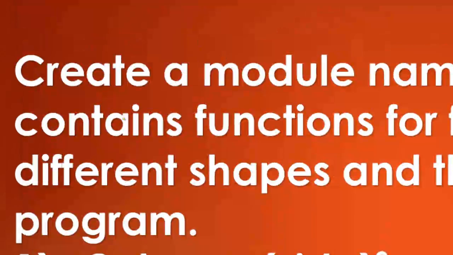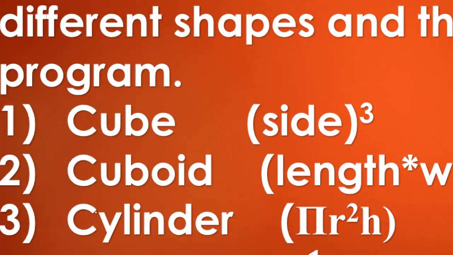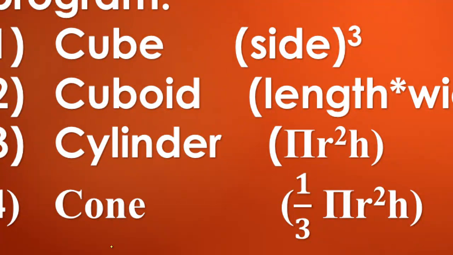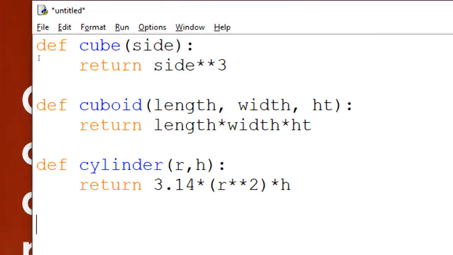Along with that, the last one is cone. The cone formula is 1 by 3 pi r square h, okay.